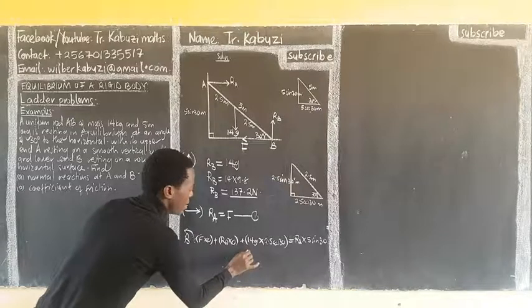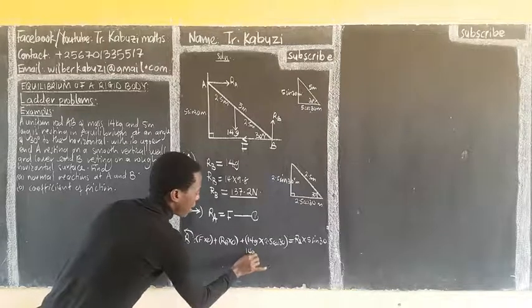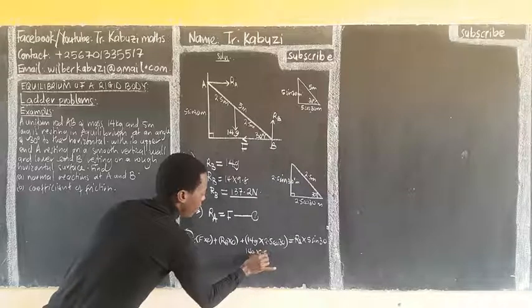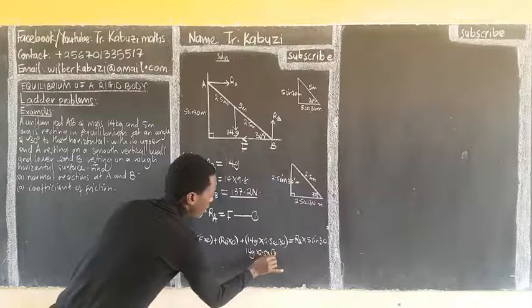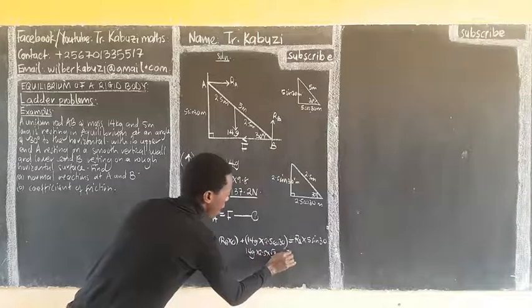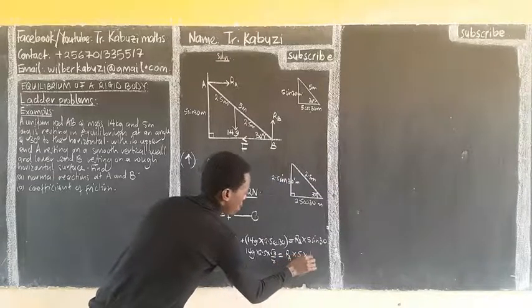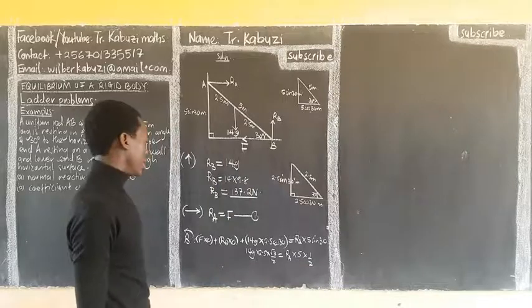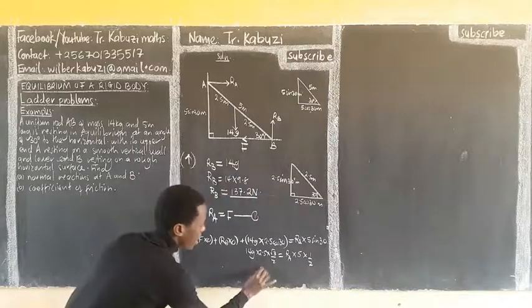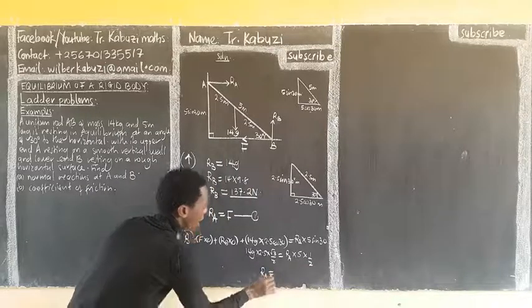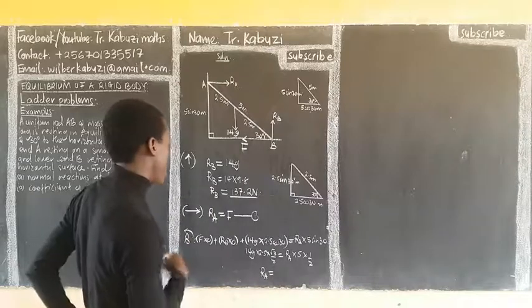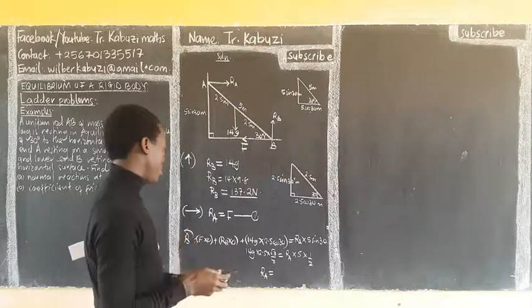So this is going to be 14G times 2.5 times root 3 over 2 equal to RA times 5 times 1/2. Okay, from there, we can get our RA, get our calculator, and then we place that.